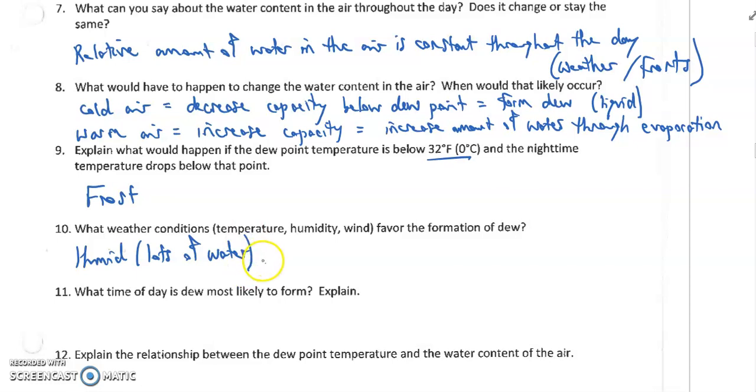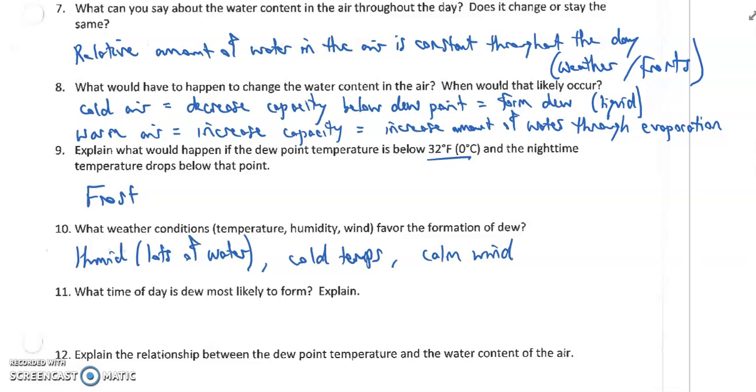So you need to have humid air, cold temperatures, and if I can get the air to cool down, again, that's decreasing the capacity. And then the last thing is little wind. If I have a lot of wind, it's just going to move that air away, or it's going to evaporate it away. So I want calm wind. I don't want a lot of wind. But I want to have lots of water in the air, and then I want to cool that air down to decrease its capacity, and all that excess dew is then going to be deposited.